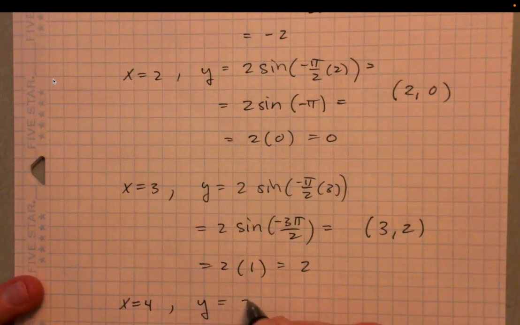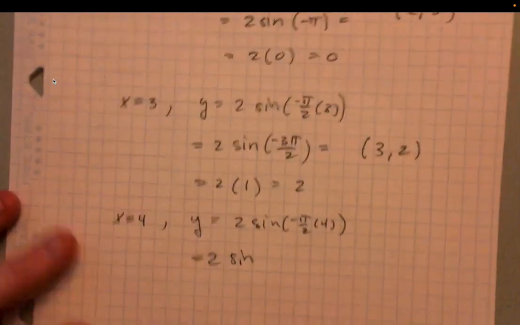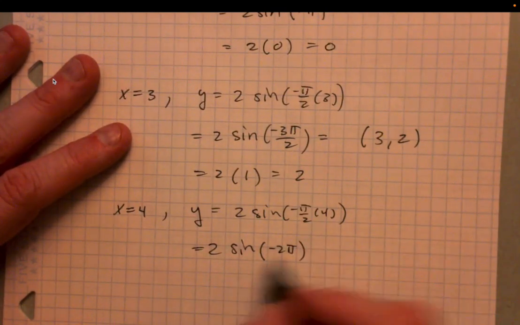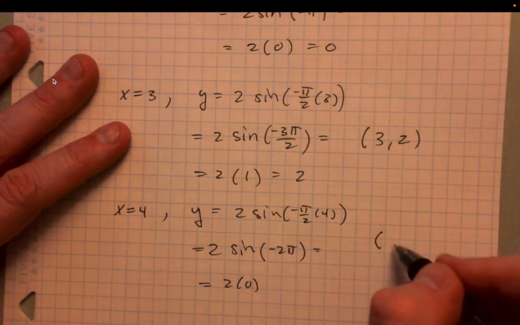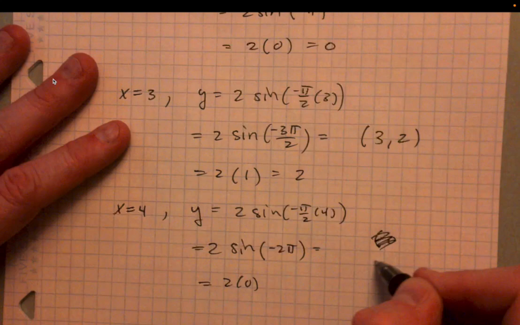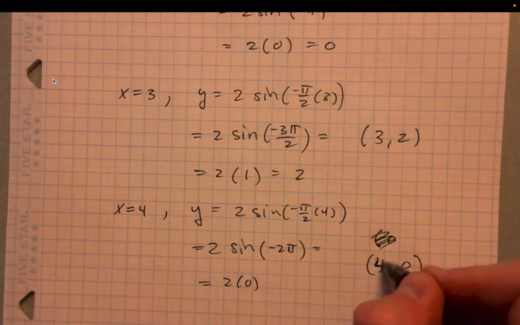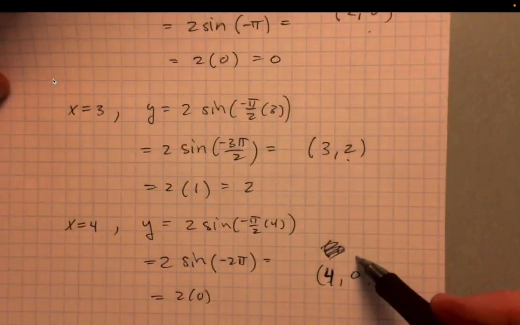So that's y equals 2 times the sine of negative pi over 2 times 4, which is 2 times the sine of negative 2 pi. And of course, that's equal to 2 times 0. So this point is 4 comma 0. Okay, that's a 4, not a y. It looks like a y. That's 4 comma 0. So you can see it goes from 0 down to negative 2, as we said it would, back up to 0, up to 2, back down to 0.